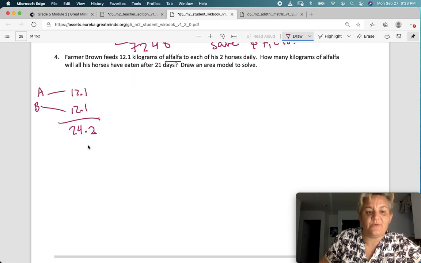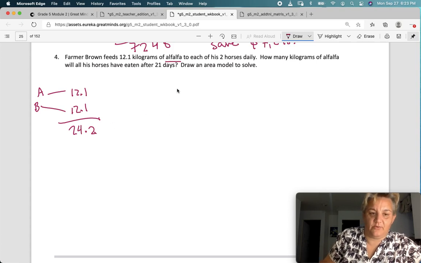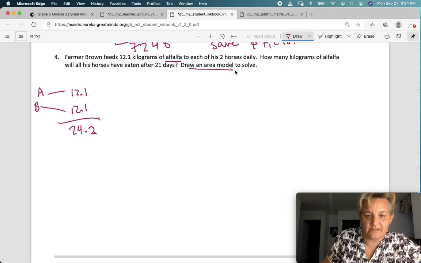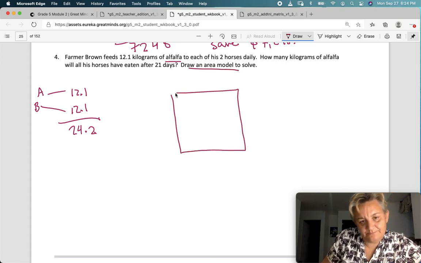Now we want to multiply that number times 21. So here's what I'm going to do. I'm going to draw an area model to solve. I'm going to put 24 2/10 on the top. And then 21 days I'm going to break into 1 and 20.